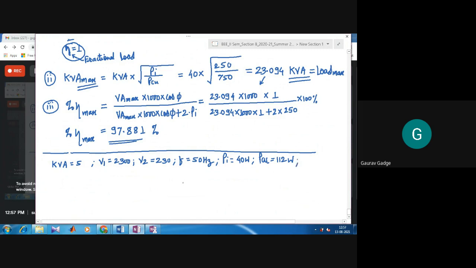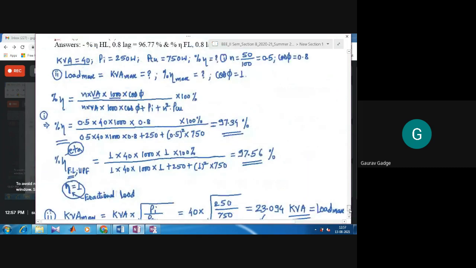Now based on that, we have to find out the percentage efficiency for two cases. First, when the load is 50%, it means N is equal to 0.5. When the load is full load, it means N is equal to 1. Full load means 100%, so it is equal to 1. So the value of small n, the fractional load, is 0.5 or 1.